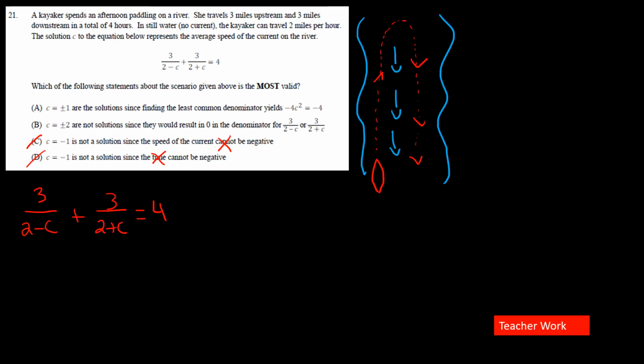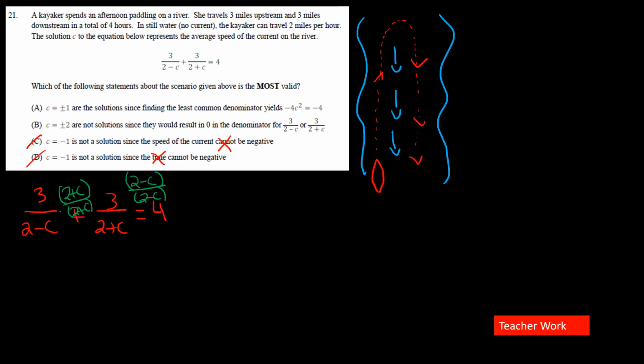If we were looking for common denominators, we can just do this very quickly. We know that we can multiply this by the conjugate of the other term, which would be 2 plus c over 2 plus c. I'm doing this because I want to be able to add these two fractions together, and I would do the same thing over here, but I would multiply by 2 minus c on both sides.